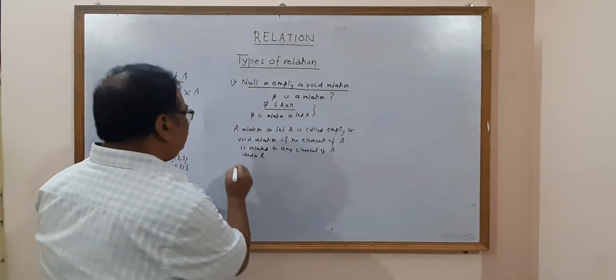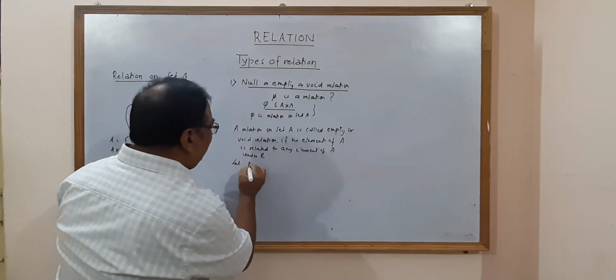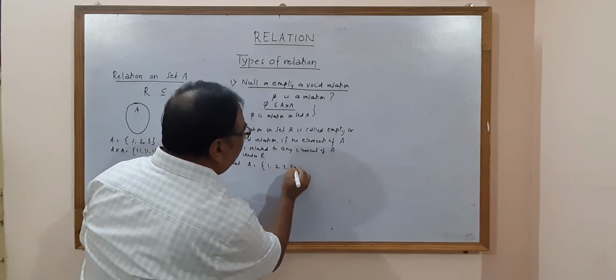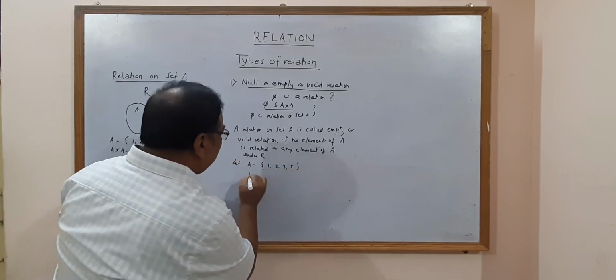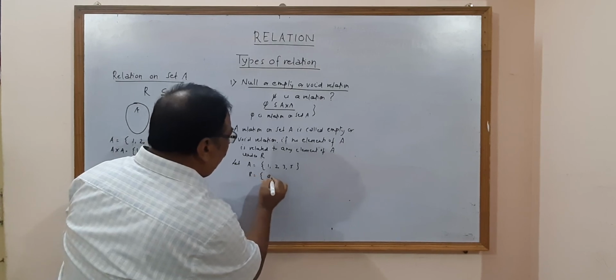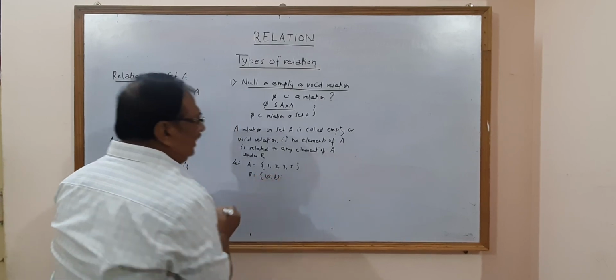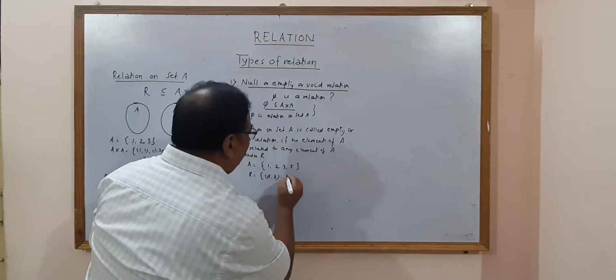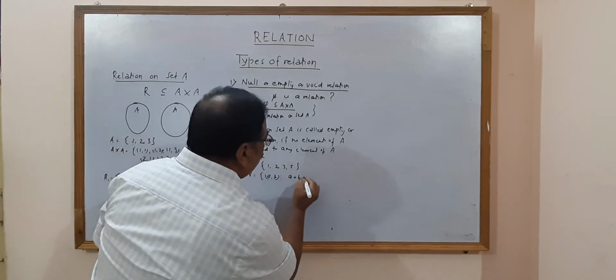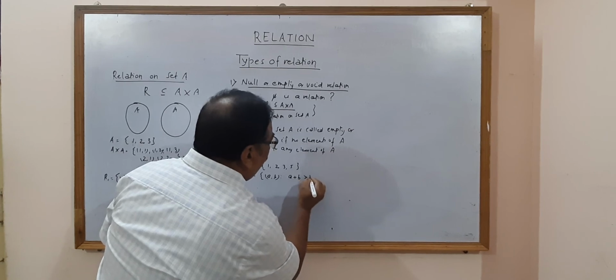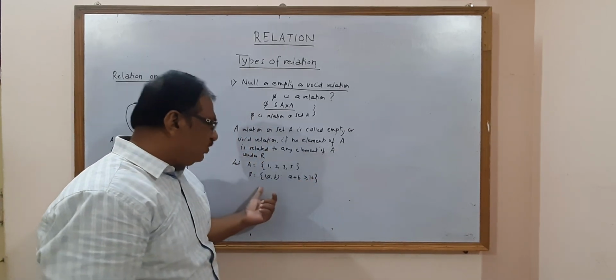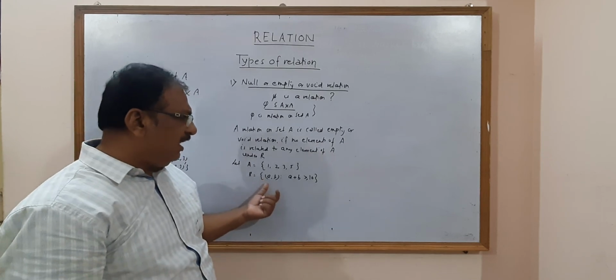Let A be equal to {1, 2, 3, 5}, and R is the set of all ordered pairs (a, b) such that a plus b should be greater than or equal to 10. So this is a null relation.